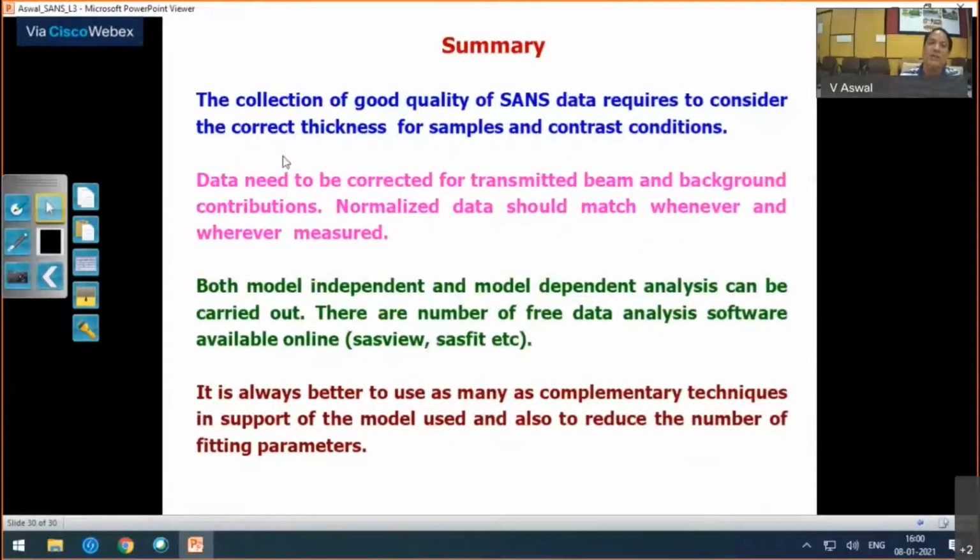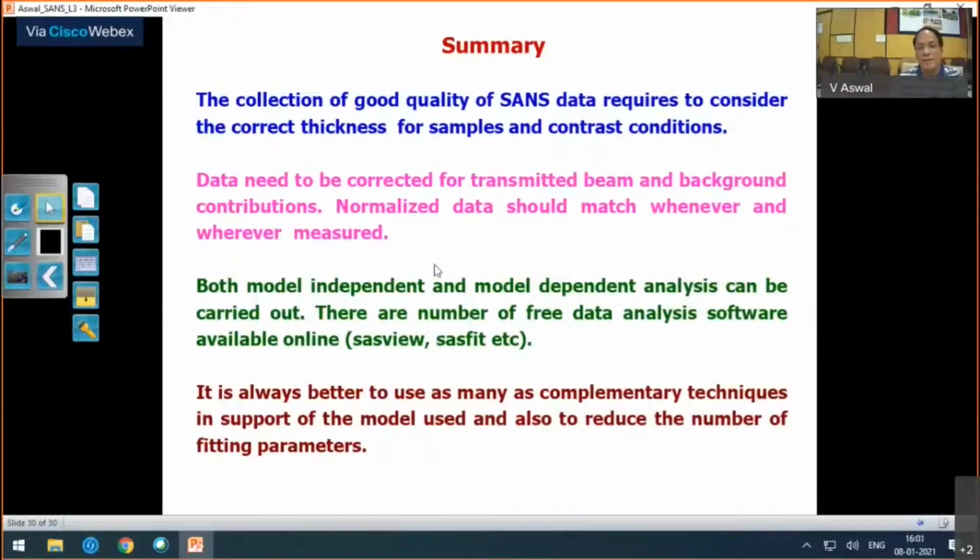You should know the correct thickness and the right contrast conditions, because without that it will be very difficult to get correct data. And once you have the correct data, you should make sure that you correct for the transmitted beam and background contributions. If you don't do this, your analysis will again not be correct. And then you should also normalize your corrected data to the proper units.